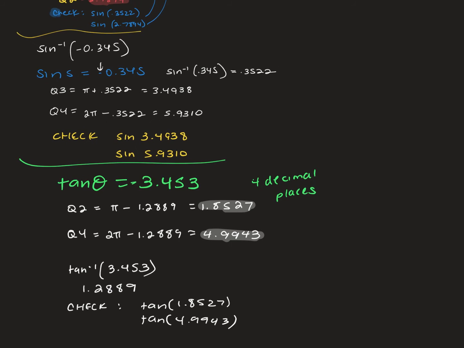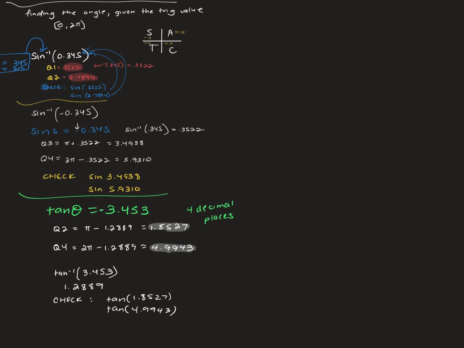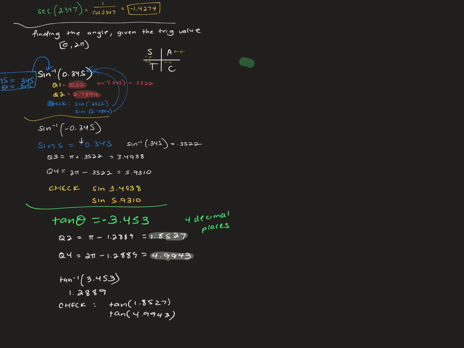Questions on sine, cosine, tangent. All of those are just like the regular ones. Then you get to the inverse ones. I mean the reciprocal ones. So let's say I said cosecant of theta equals negative 2.345.